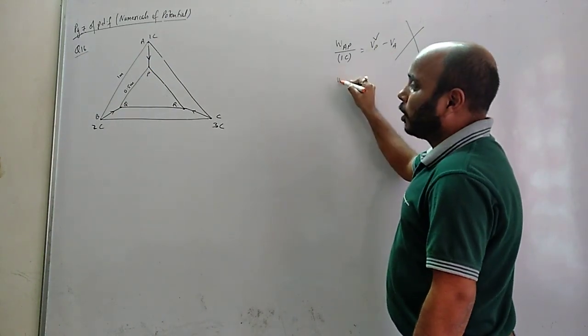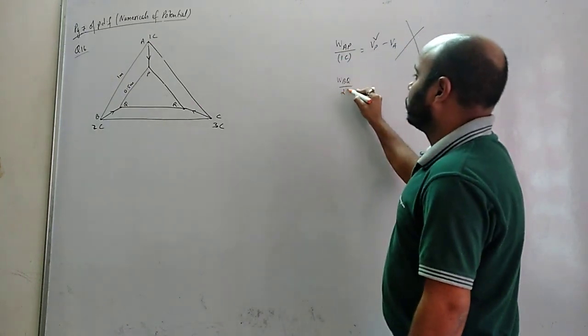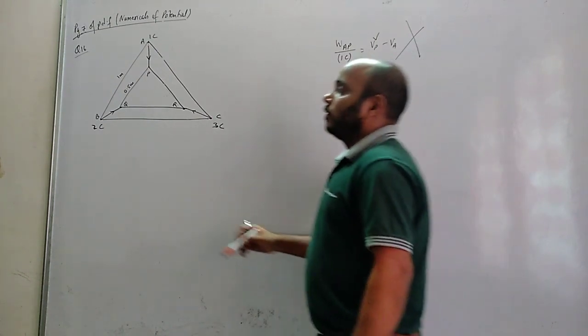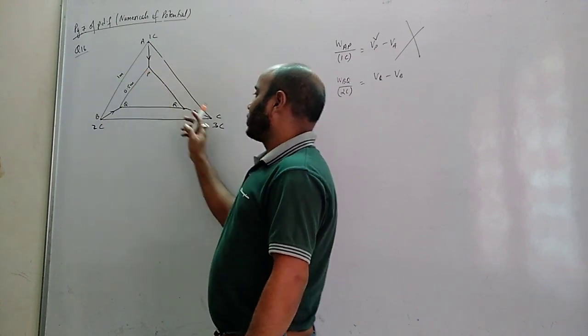Now again, we have to go for B to Q, to move this 2 coulomb: potential at Q minus potential at B. Now, when I am moving this from here to here, the other charges are here only.